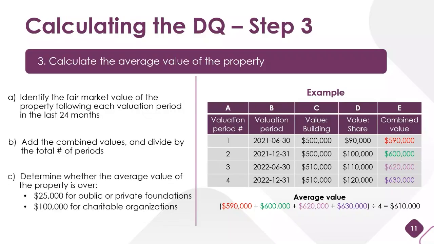We determine whether the average value of the property is over $25,000 for public or private foundations or $100,000 for charitable organizations. Because the average value for their property is over $100,000, they must also complete Schedule 8 within the T3010, and they would also have to include the average value on line 805.